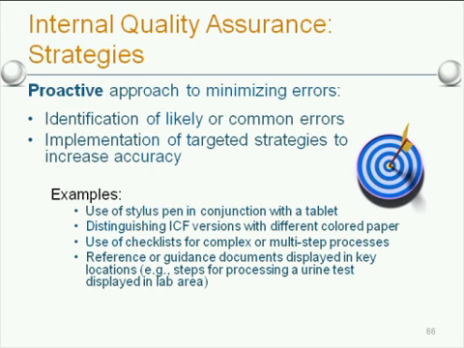Also the use of checklists to break down and make sure that all of the steps in a complex process are being carried out appropriately. And the use of reference or guidance documents displayed in key locations. For example, the steps for processing a urine test can be displayed in a lab area where the tests are being processed, just as a reminder.